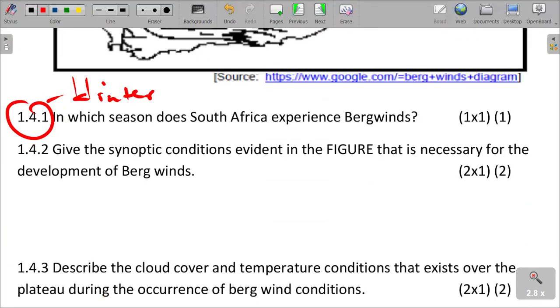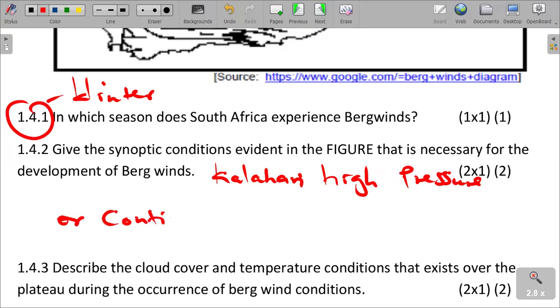So what is evident is that we have Kalahari high pressure. We can also talk about the continental high pressure cell. These are the same terms used to define Kalahari high pressure.